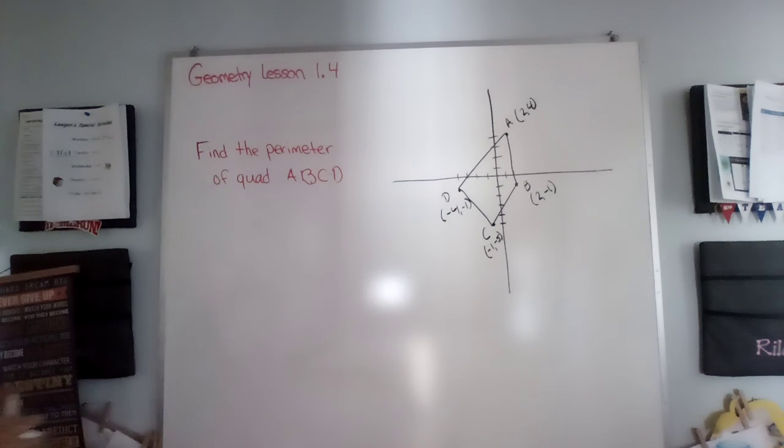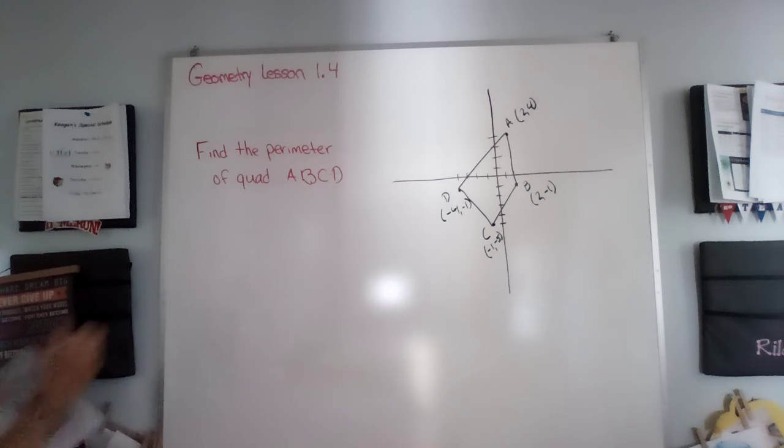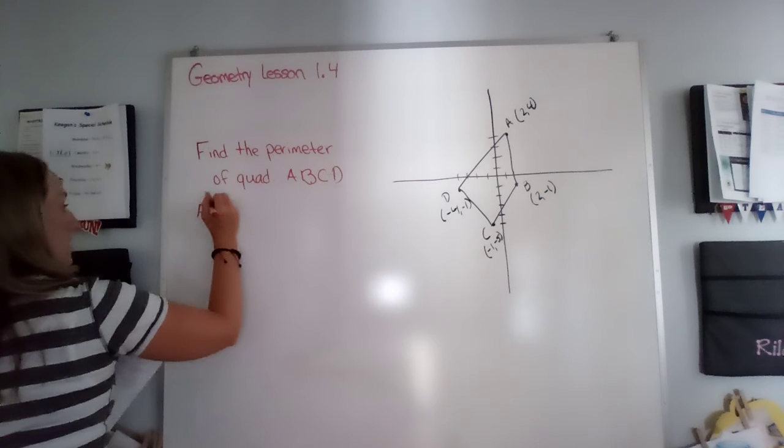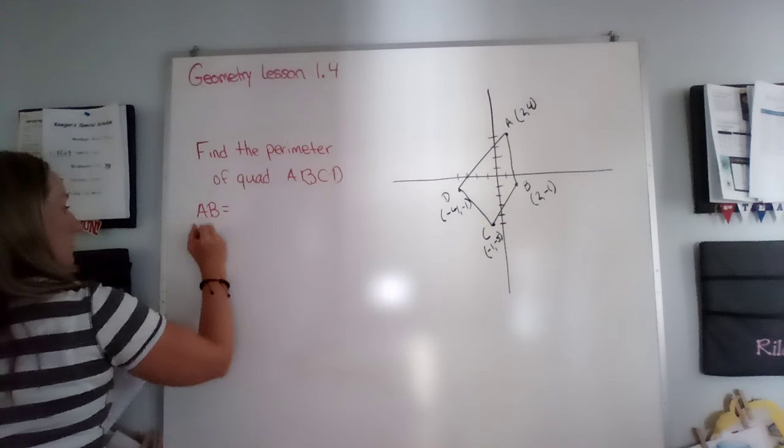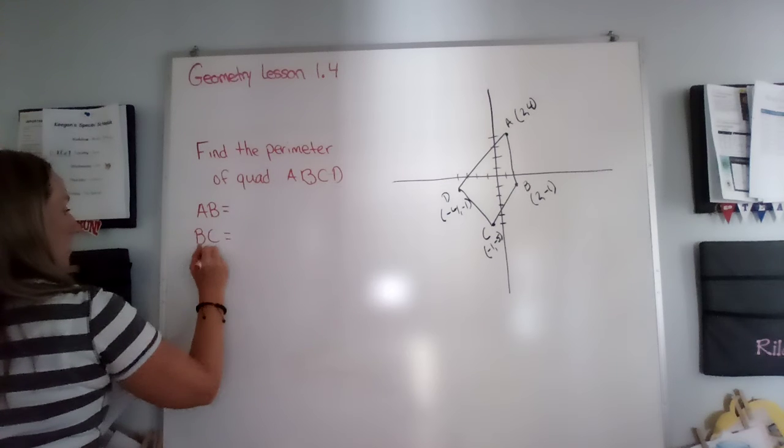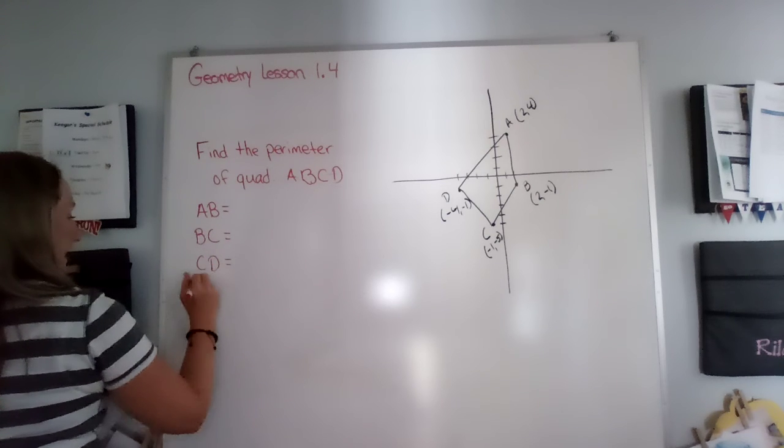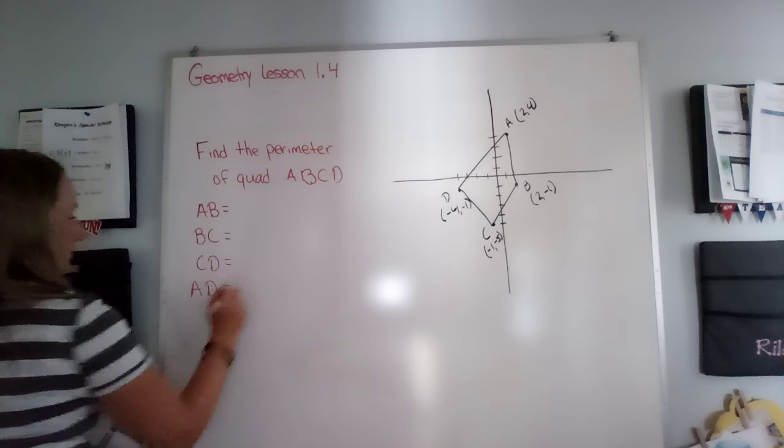In order to find the perimeter of quad ABCD, I'm going to have to know all the different side lengths. So I'm going to have to know how long is AB, how long is BC, how long is CD, and how long is AD. Okay?